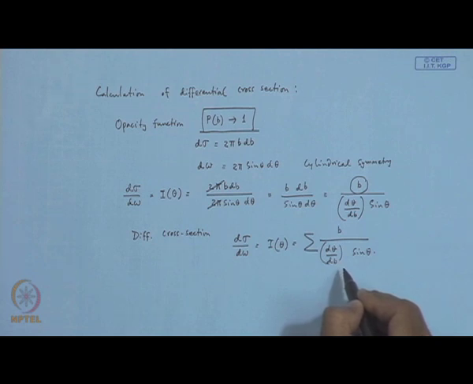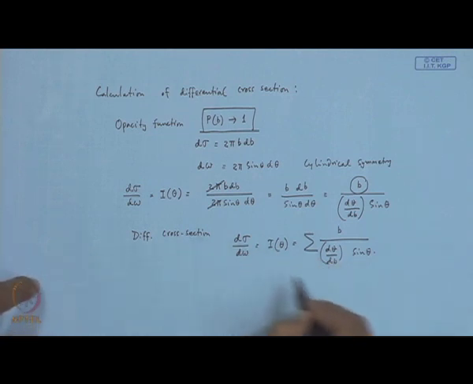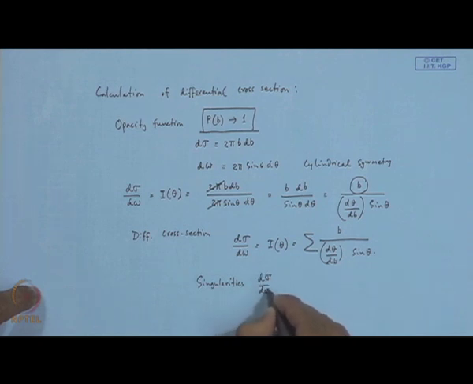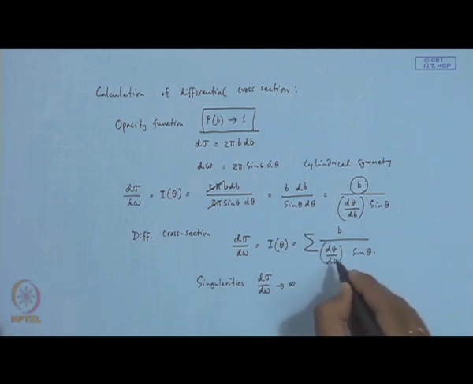So what is happening is that this differential cross section will have singularities, that is d sigma d omega will tend to infinity in one case when either this or that becomes 0.